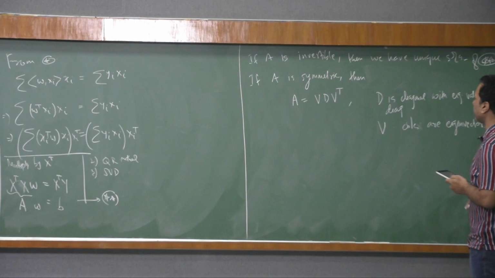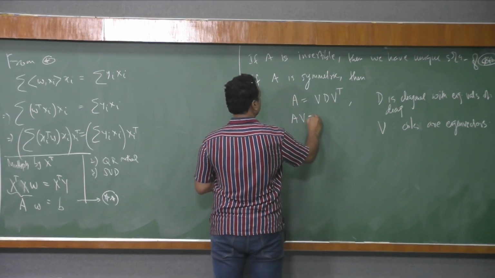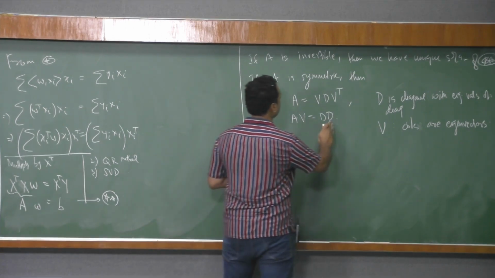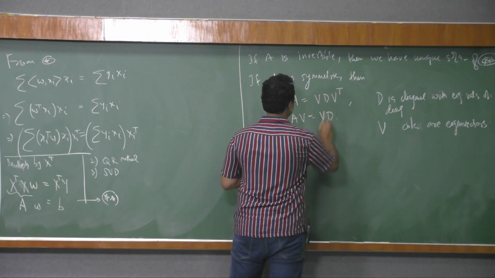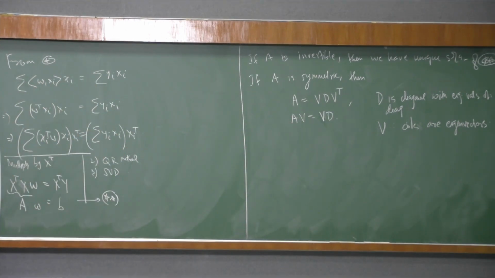Okay, so this is the eigenvalue decomposition, which could also be written as AV is VD. And if you restrict to column by column, then it's like AV is lambda V.